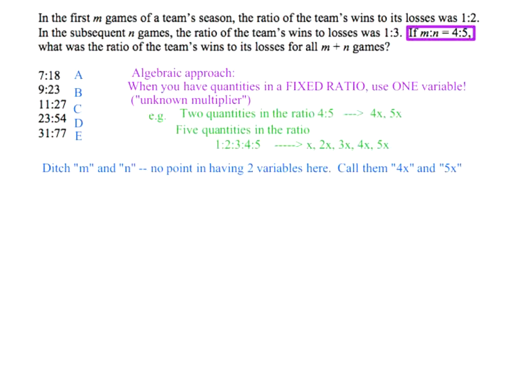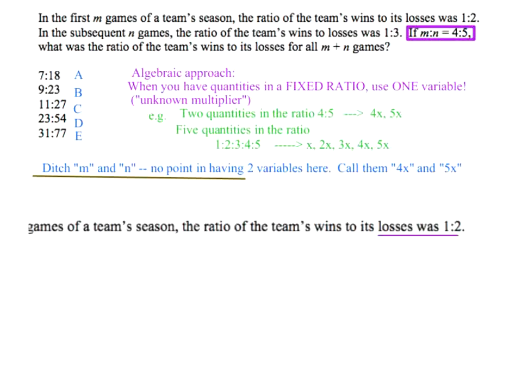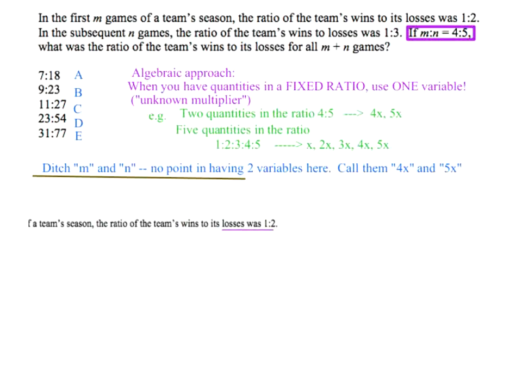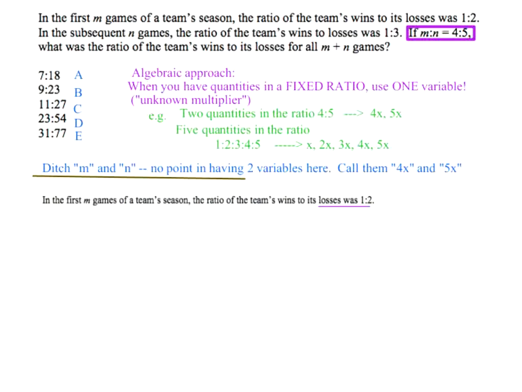Okay, so now make sure you know how to get from ratios to overall fractions. Here's the first part of the problem. In the first M games of the season, the ratio of the team's wins to its losses was 1 to 2.